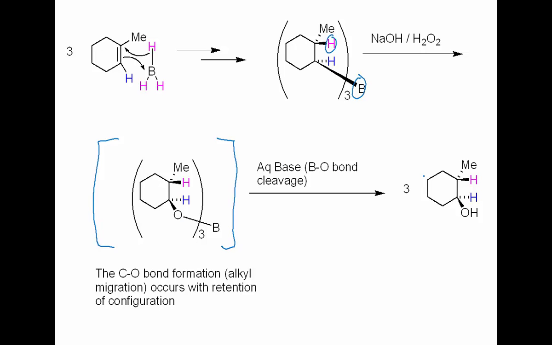The net result is that the elements of water, H2O, the new parts, add to the same face, and that's where your syn addition comes from. And the regiochemistry is the same as in the other example. You get boron and oxygen at the less substituted carbon, and hydrogen at the more substituted carbon, the anti-Markovnikov orientation.